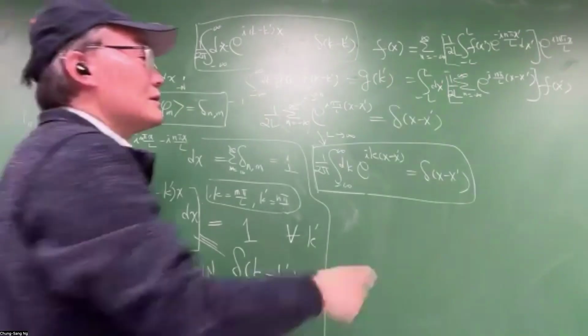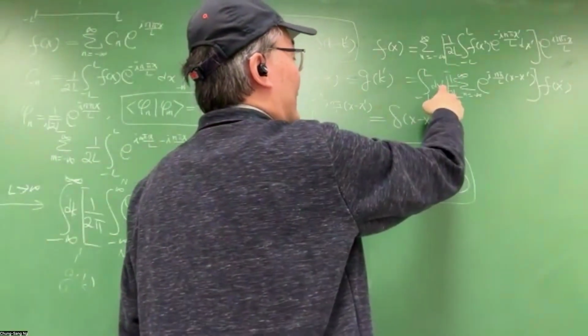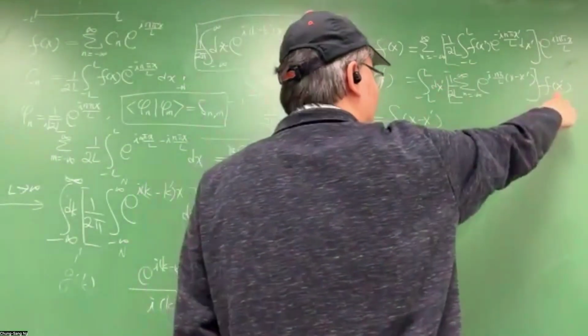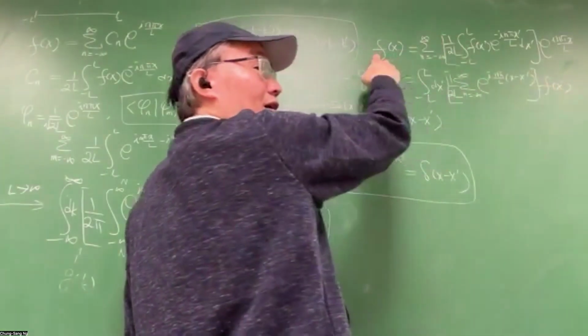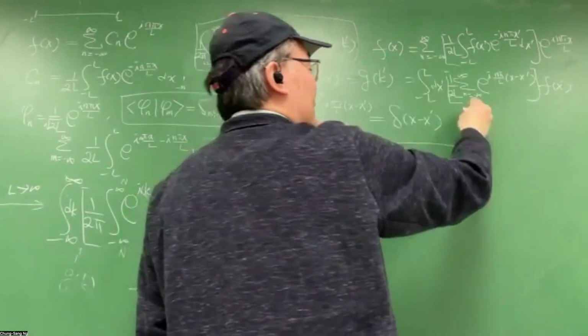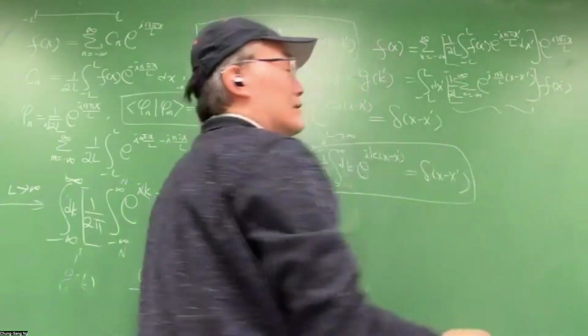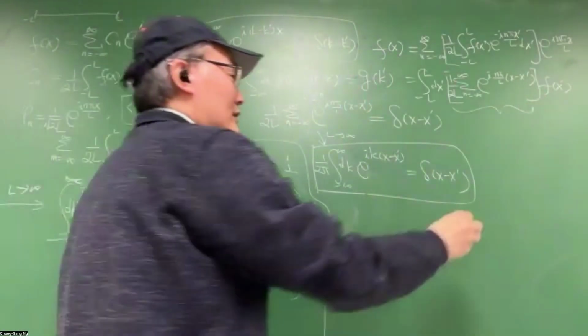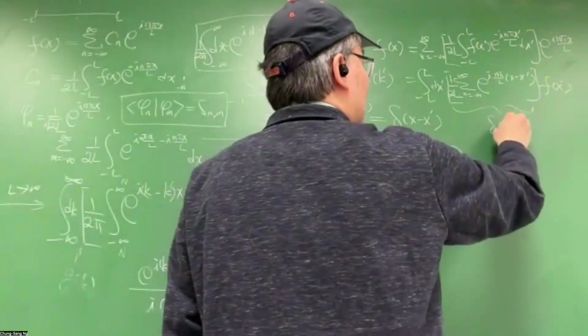We just rewrite the order. That becomes the integration over x prime of f, and we must recover the same f. So whatever is inside has the property of what we define as the delta function.